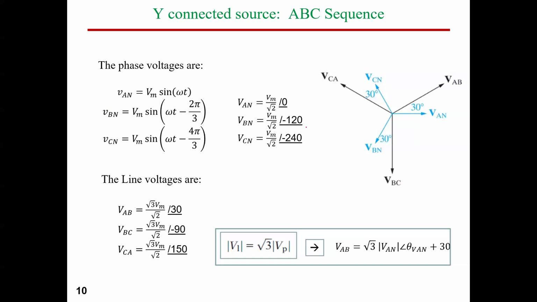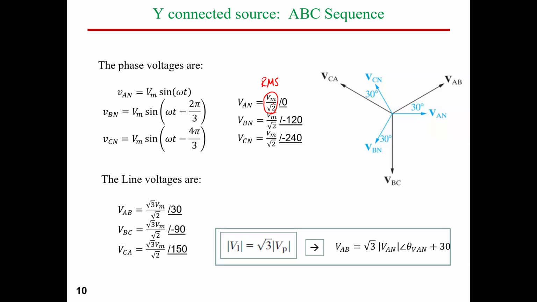For the three-phase system, guys, in the time domain forms, we have Van equals V maximum sine omega t, Vbn equals V maximum sine omega t minus 2 pi over 3, which is 120 degrees, and then Vcn equals V maximum sine omega t minus 4 pi divided by 3, or plus 2 pi divided by 3. It's the same. So we can say Van equals V maximum divided by root 2. So V maximum divided by root 2 is the RMS value.